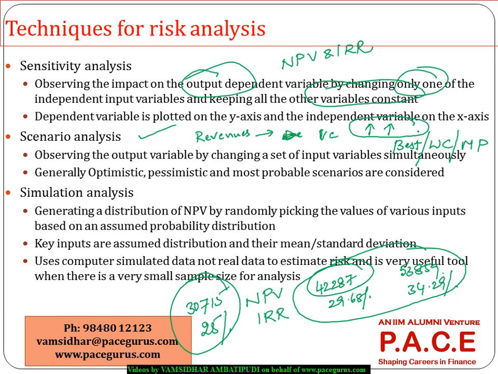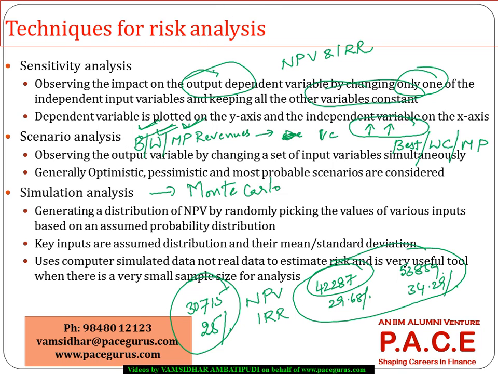Then moving on to the next one, simulation analysis. Sometimes it is also called Monte Carlo simulation. You don't create scenarios like best case, worst case, or most probable case, because these are all human dependent. We are virtually assuming these values and computing our NPVs and IRRs based on them.